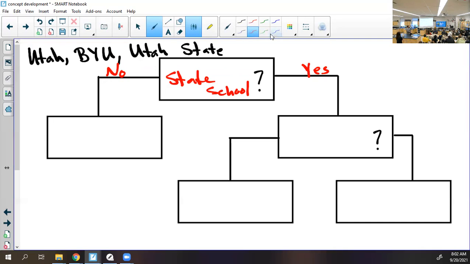BYU. All right, I won't offend anyone by writing that in red. So BYU is not a state-sponsored school. It's sponsored by a church. So we now have 2 schools over here. I don't write them down, but the 2 schools left are the University of Utah and Utah State University.